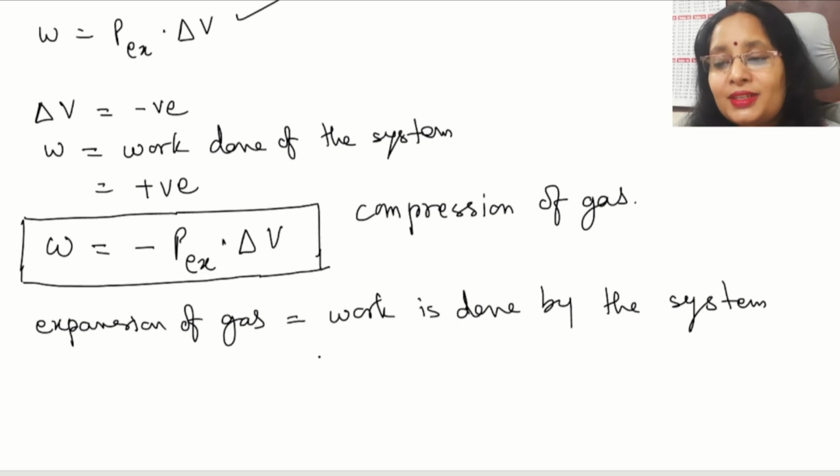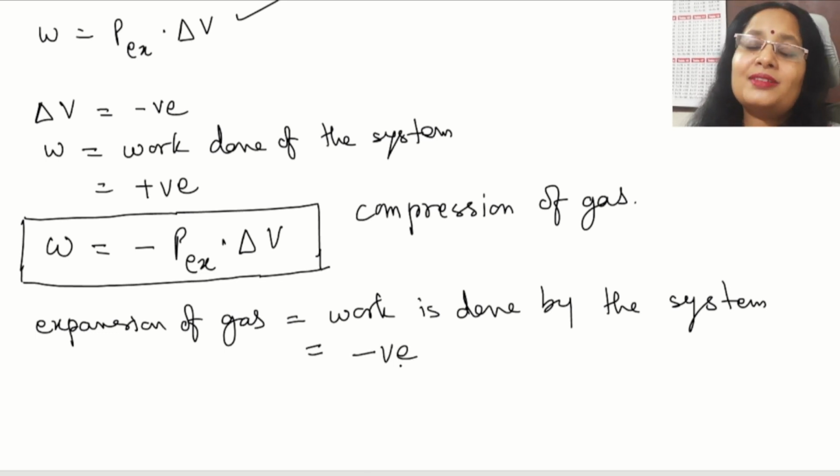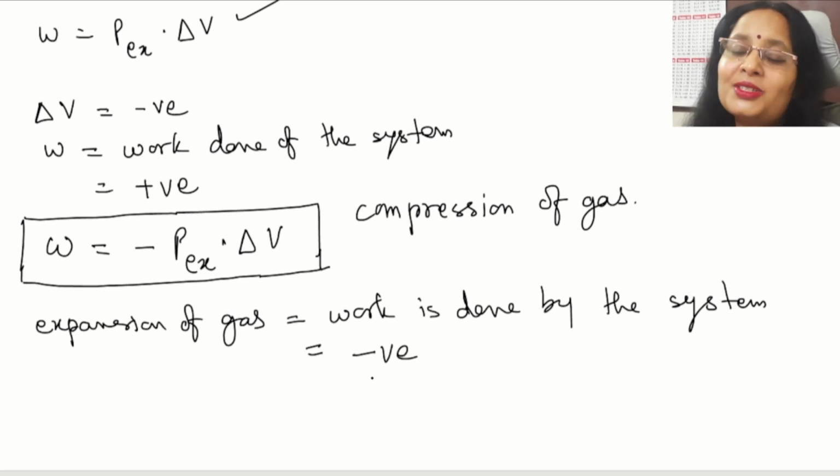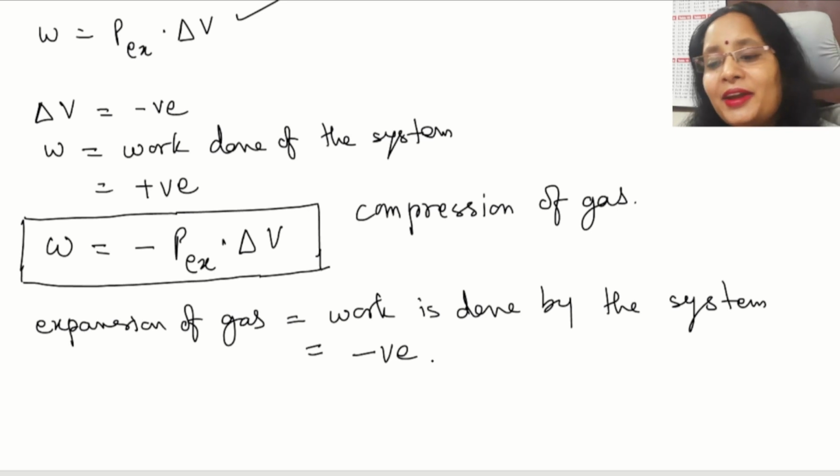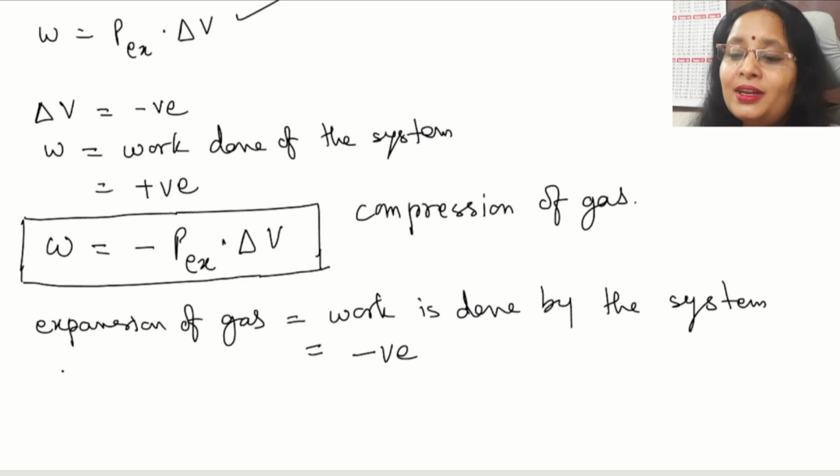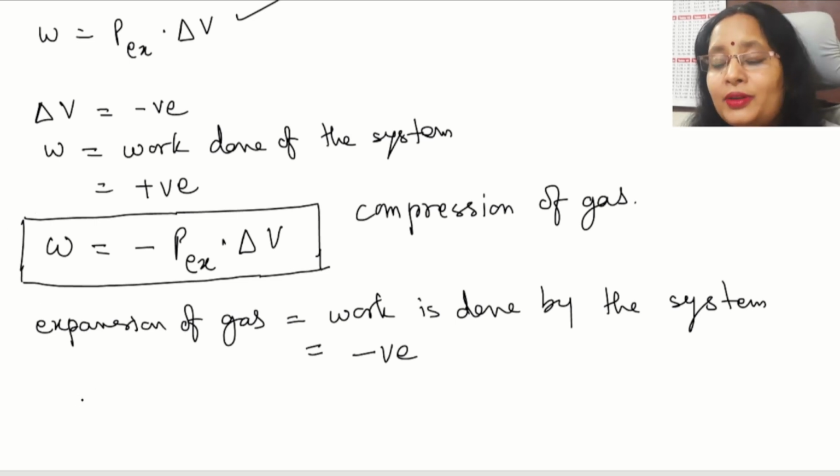And if work is done by the system, it should have a negative sign, because when work is done by the system, the energy will decrease, and so W will be negative. We studied this earlier. Okay, now here in this equation, we want W negative.